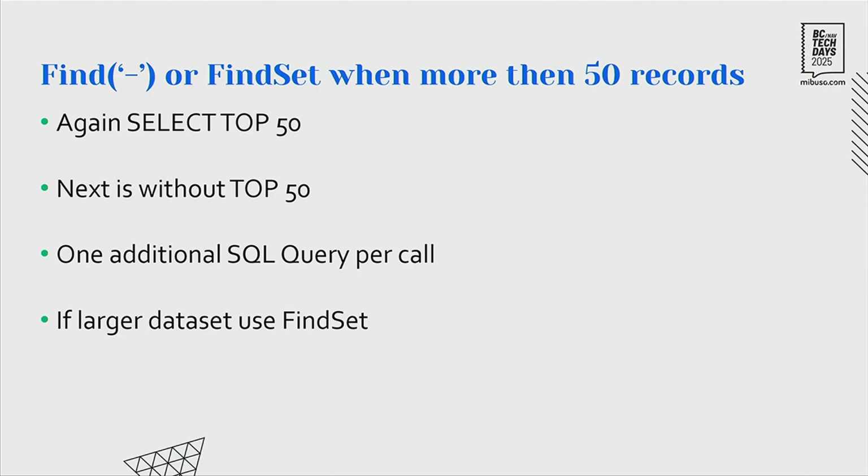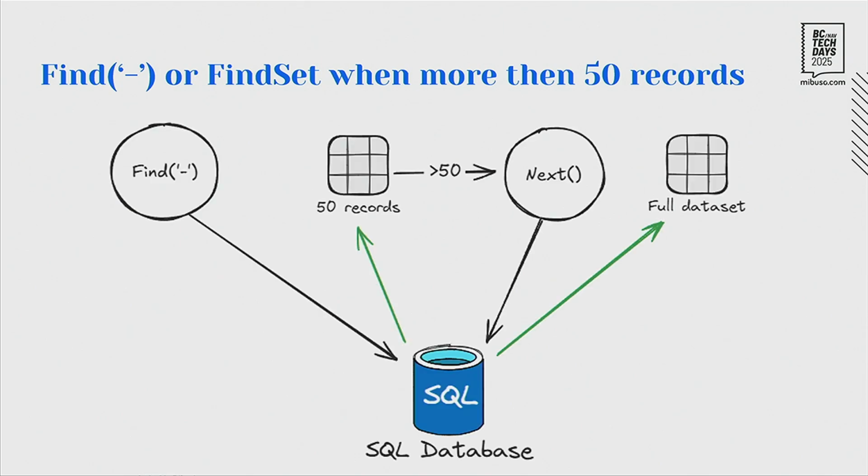And if you have more than 50 records, it can cause worse performance in this case. Why? Because find minus will just load 50 records, and that's it. And when the next statement is executed, it needs an additional call to the database to refill the buffer. So let's use the next slide to better understand.